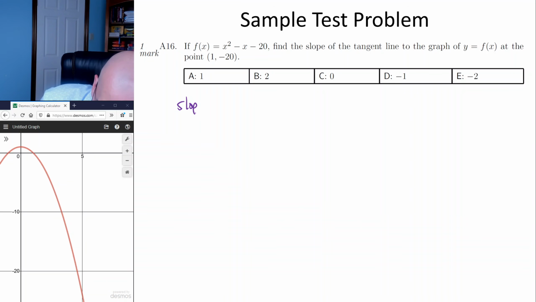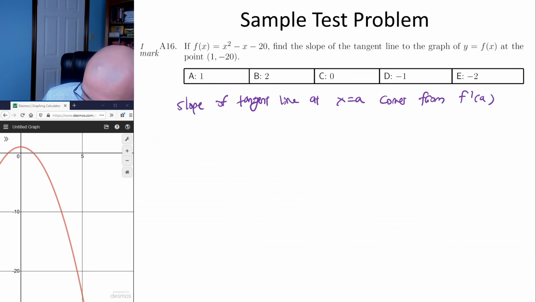Slope of tangent line at x equals a comes from f prime of a. So for this function, f prime of x is 2x minus 1 minus 0. So 2x minus 1.